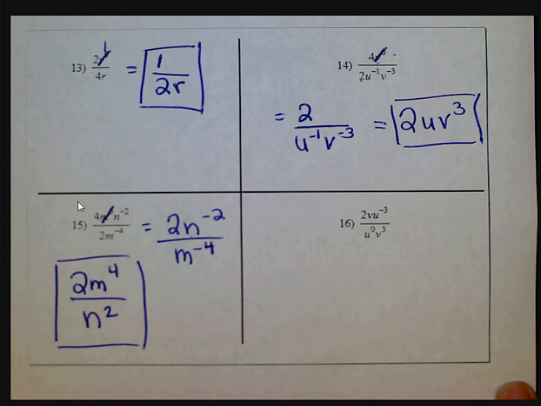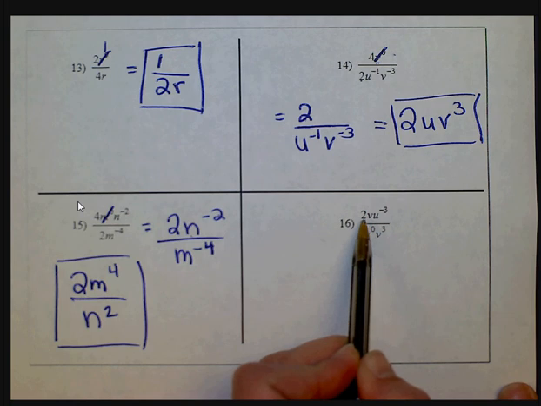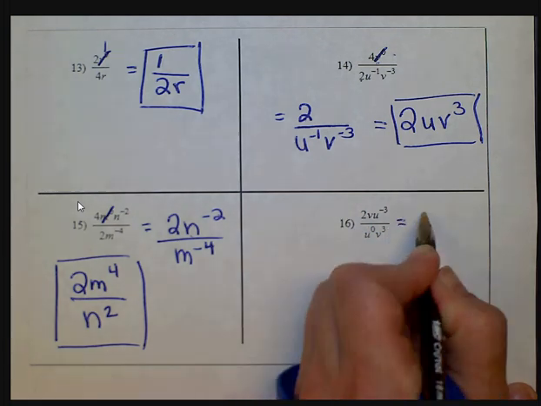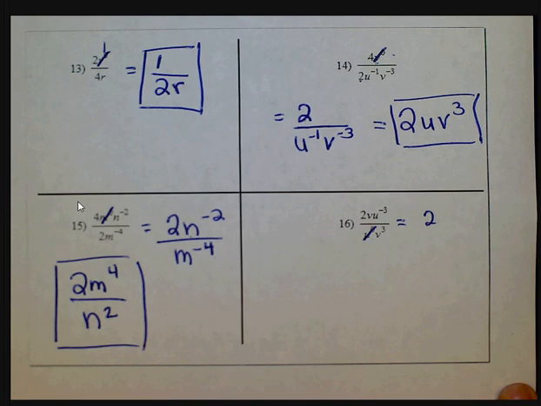And our last practice problem for the evening. 2v u to the negative 3 divided by u to the 0 times v to the third. My number 2, I don't have anything to simplify it with, so I'm going to keep it on the top of the fraction. My u to the 0, I'm going to cross out. Remember, it's 1 times v to the third, which is just going to give me a v to the third.